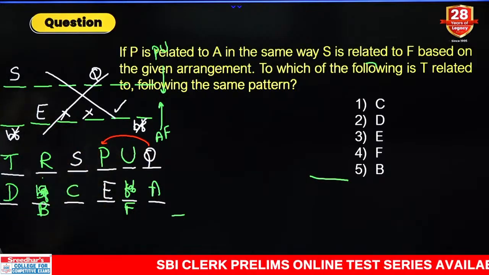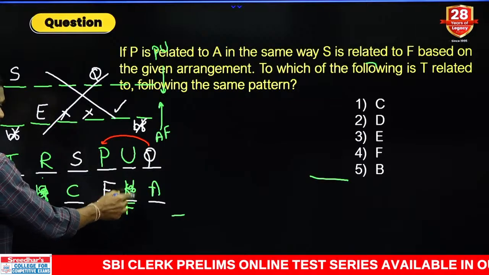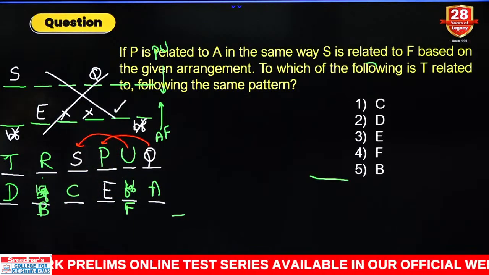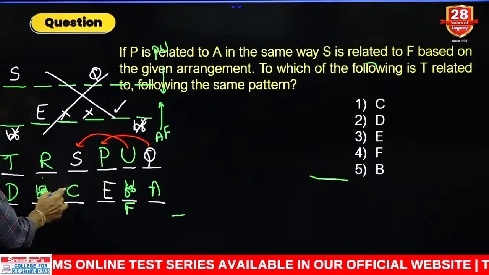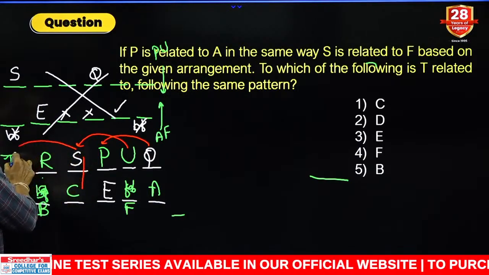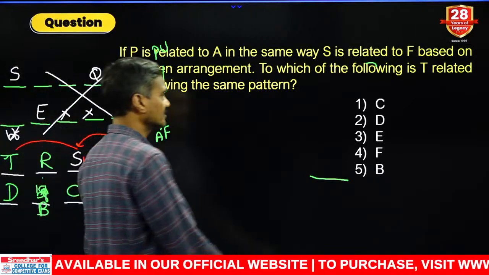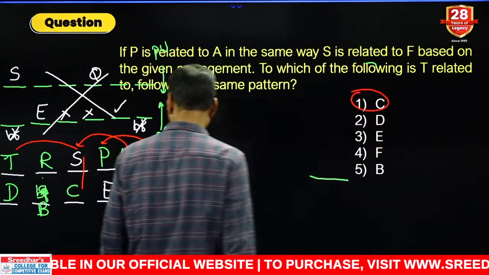And S is related to F. F's opposite second right is F. And in the same way, T is related to whom? C's opposite second right is T, and C is given in choice 1.